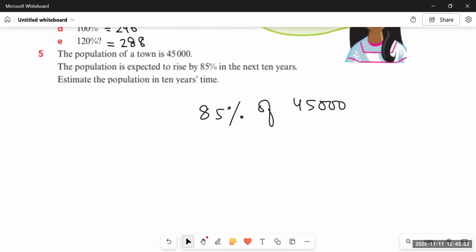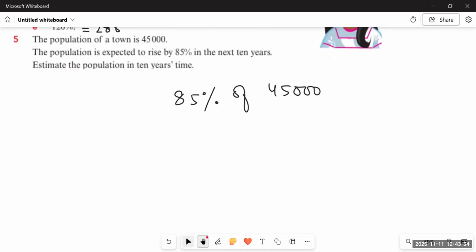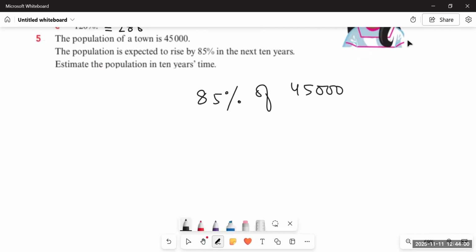So if we have to estimate the population, it means we have to find 90% of 50,000. Estimation is rounding to the first significant figure. So it becomes 90% of 50,000.